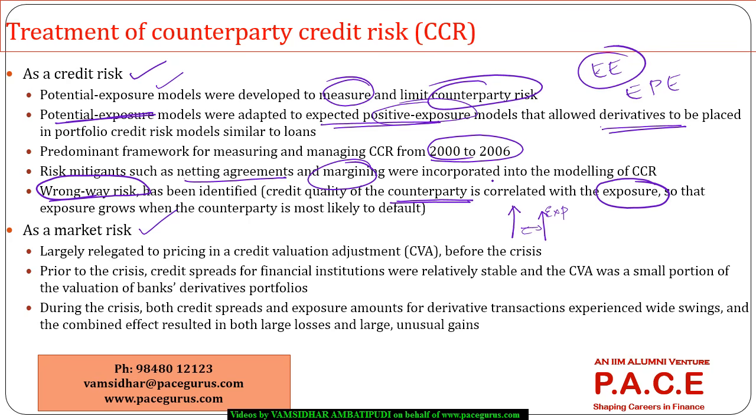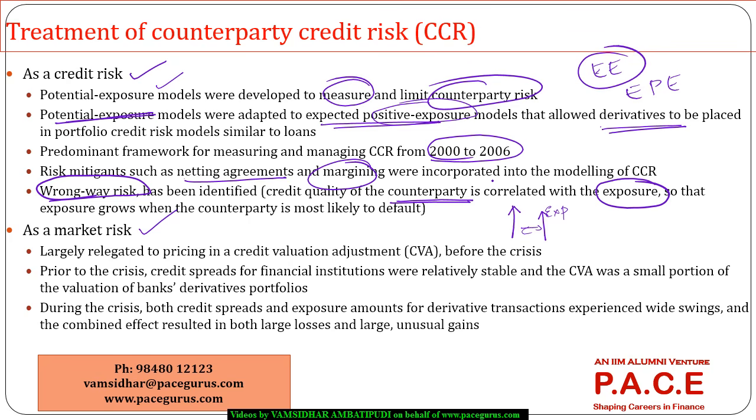So he starts defaulting. When he starts to default, there is a possibility that because I have collateral with me, I can recover the loss from the counterparty defaulting by considering the collateral.